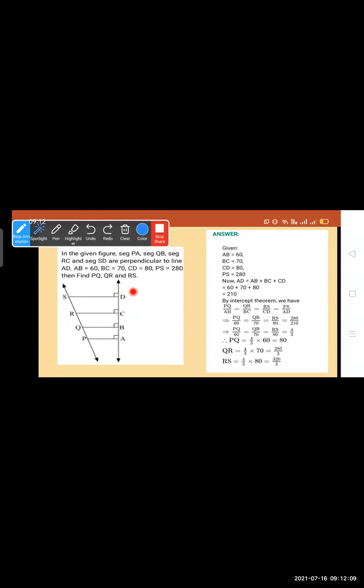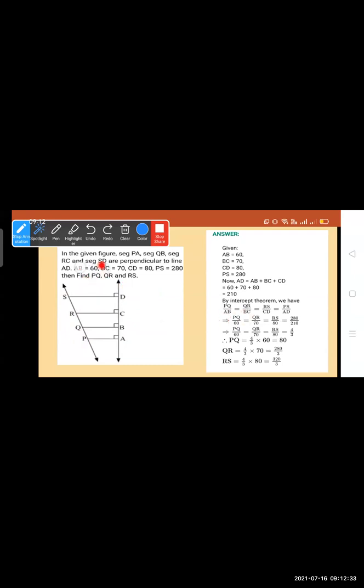Again I will explain: the intercept theorem means three parallel lines, or here four parallel lines. So from this we have PQ.